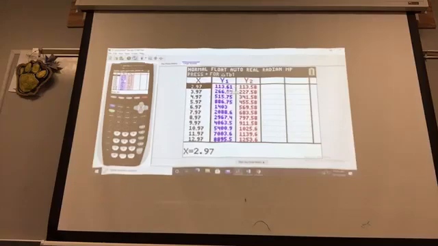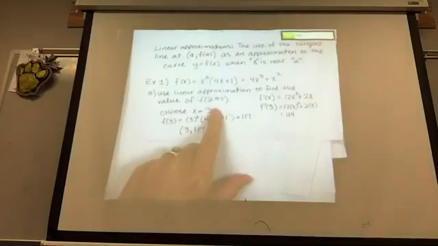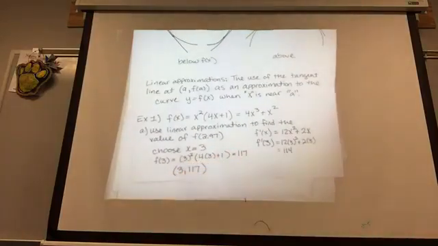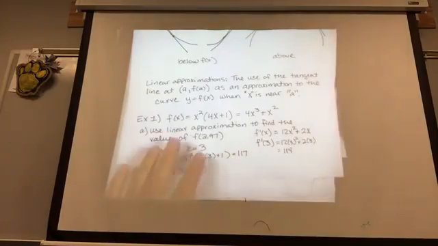The correct answer is 113.61. So the linear approximation, we did all that without even using the graph. We had big numbers, so we did calculate them. But the process of finding the equation of the tangent line allows you to find other values.